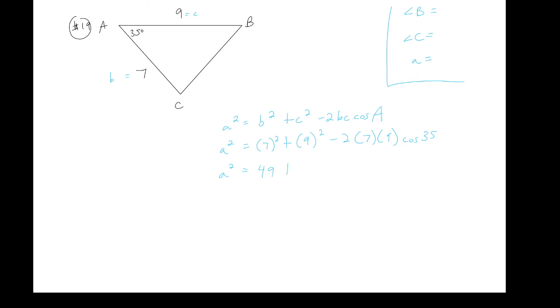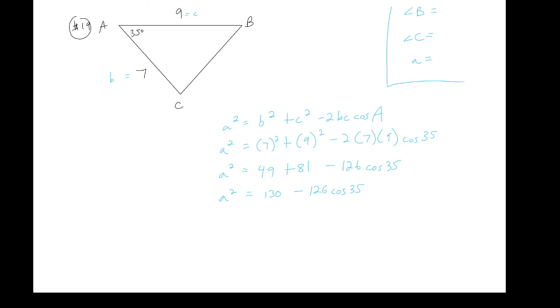This will be 49 plus 81 minus 2 times 7 times 9 times the cosine of 35. 49 plus 81 is 130 minus 126 times the cosine of 35.